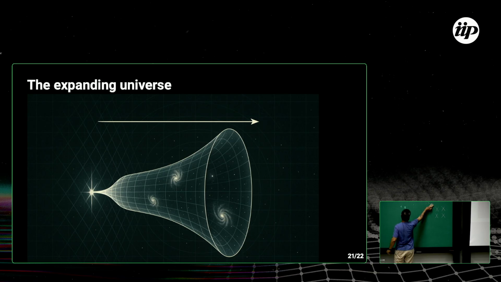Look, just one of the consequences of this is really nice. Think about it: we are here. This is our light cone.